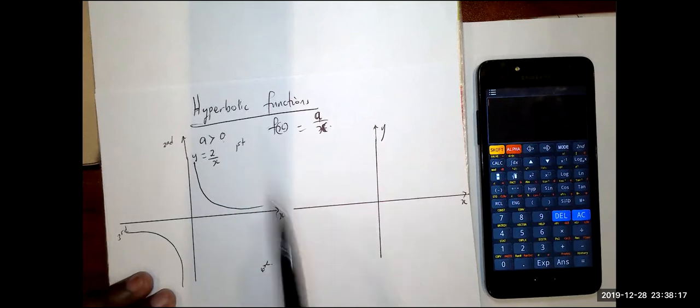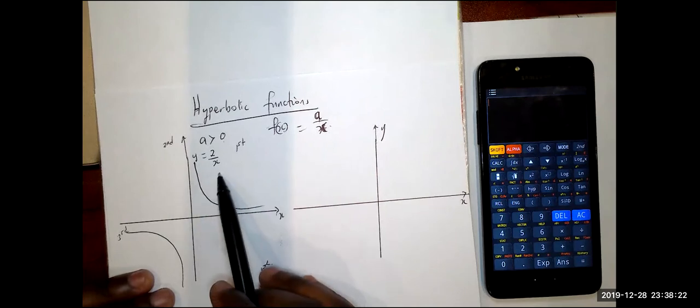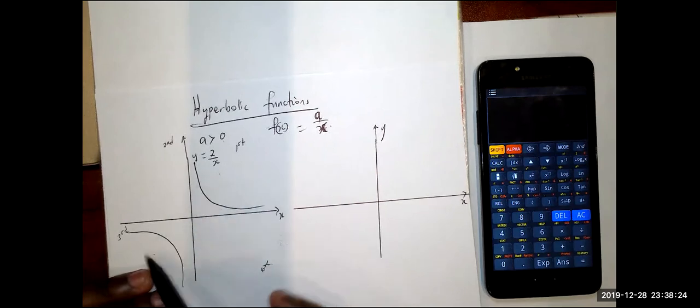So if a is positive, your graph falls into the first and third, always remember.